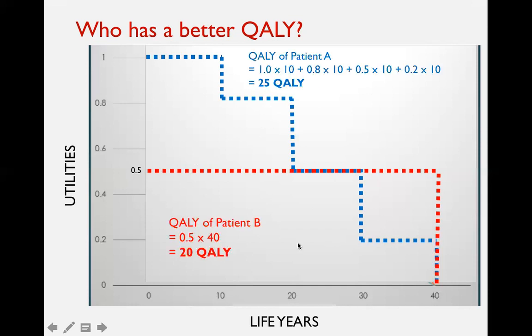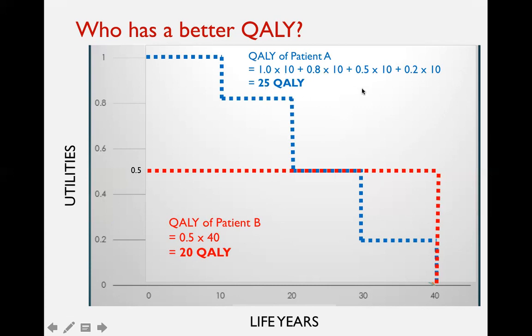But when we compute the QALY, it is computed by the number of years or the time spent in that certain quality of life. So for patient A, during the first 10 years of life, the utility was at 1. Then in the next decade, the quality of life went down a bit, so it's 0.8, and then 0.5, and then 0.2.